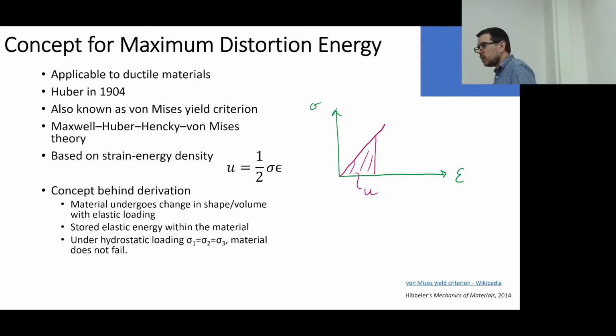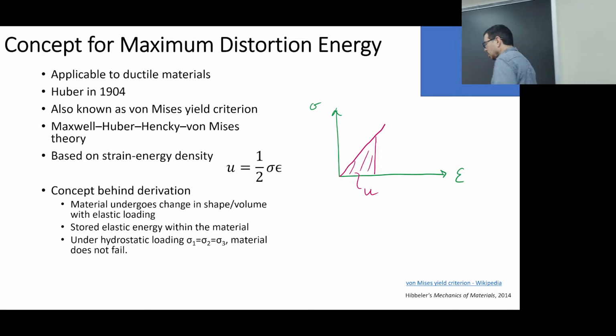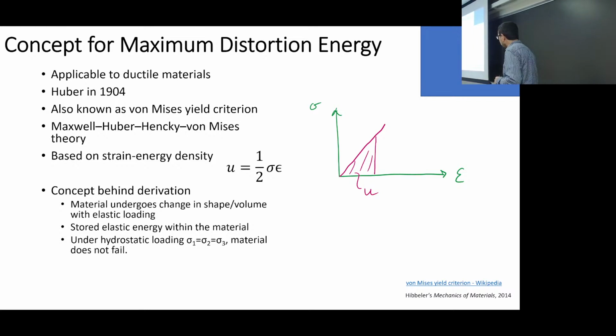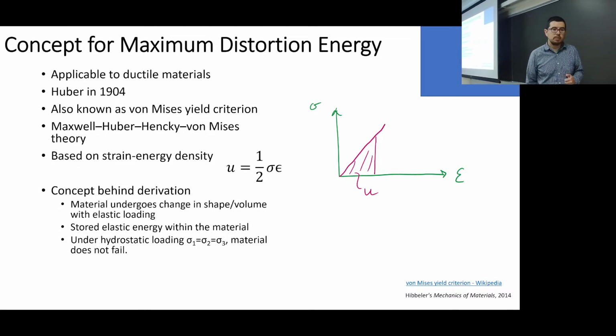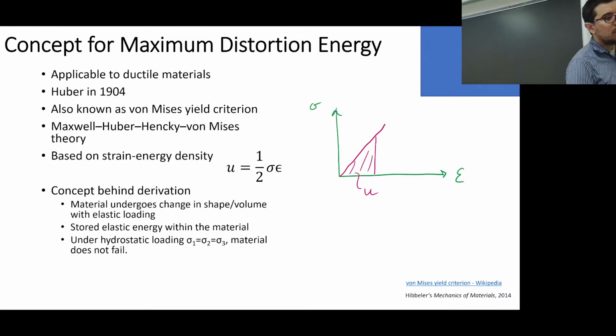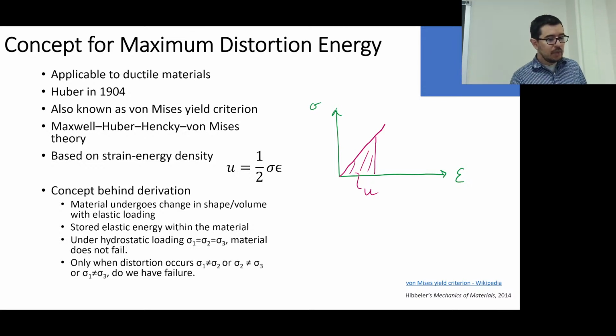Again, if the loading is one where sigma 1 equals sigma 2 equals sigma 3, the material is not going to fail. It will only fail when sigma 1 is not equal to sigma 2, or sigma 2 is not equal to sigma 3, or sigma 1 is not equal to sigma 3. That's when we could have failure.